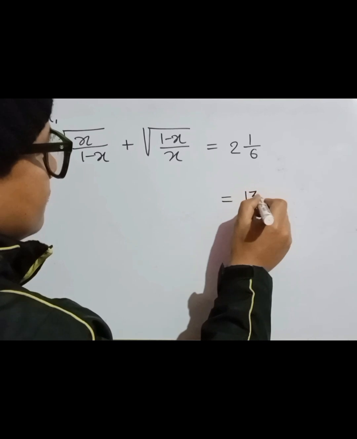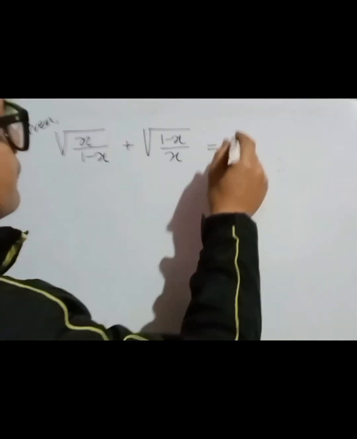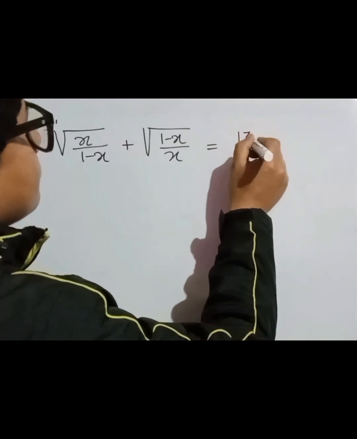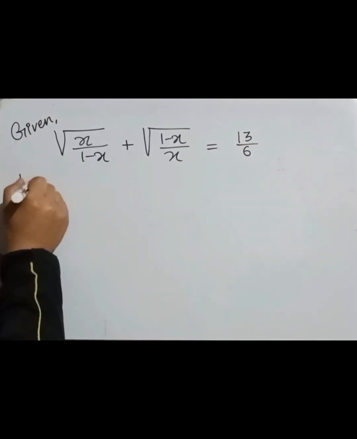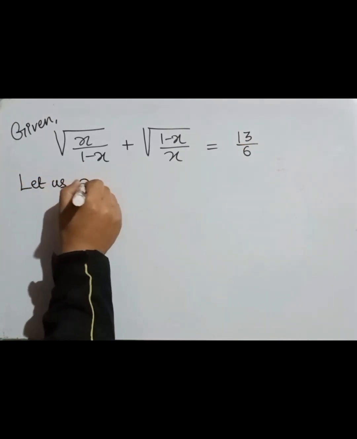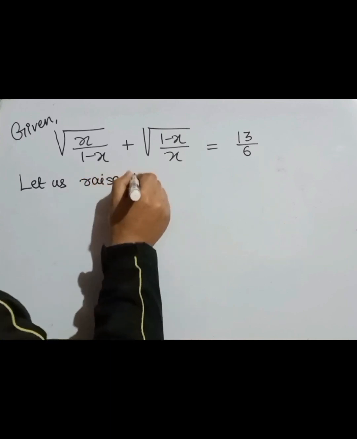And in the right hand side, we can convert this mixed fraction into a vulgar fraction, so it becomes 13/6. Now we can raise both sides to the power 2.